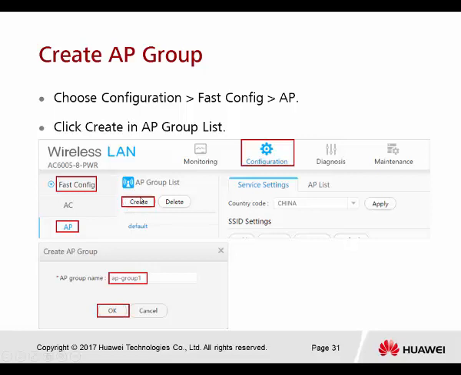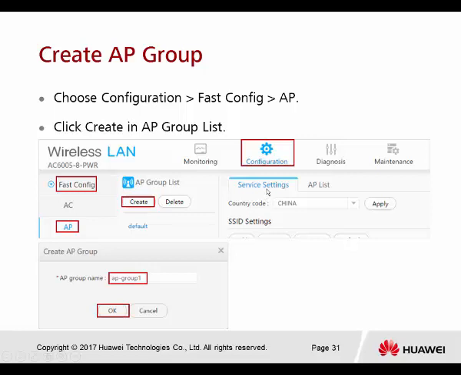Now I want to create a new AP group. I create the new AP group, and right here you can put any name you want. You just put AP-group 1. Click OK. Now we've created the new AP group. The next one, you can also select the service setting.